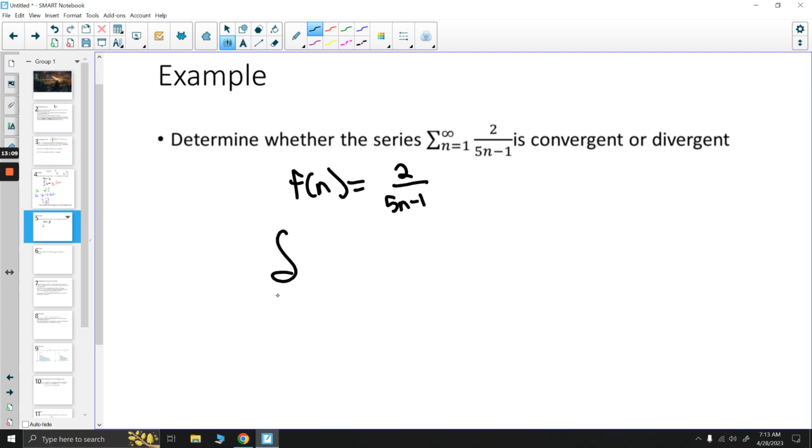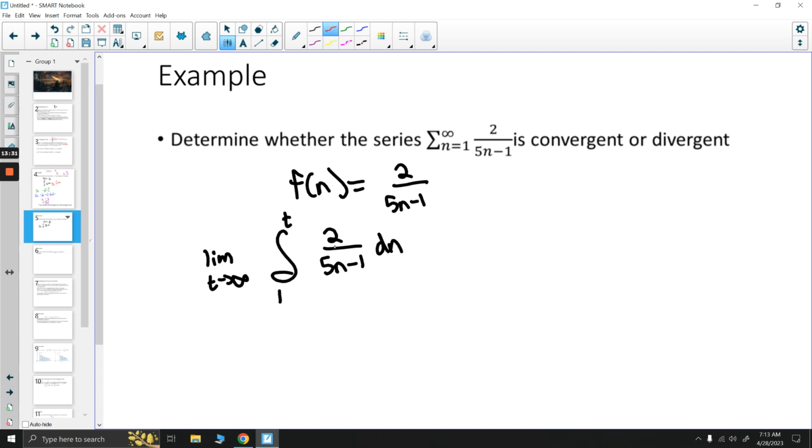So what we're going to do is take the integral from 1 to t, limit as t approaches infinity, of 2 over 5n minus 1. I said that it doesn't really matter what variable we use. Technically the formula says x, but we can leave it in n, just to show you that it doesn't matter.